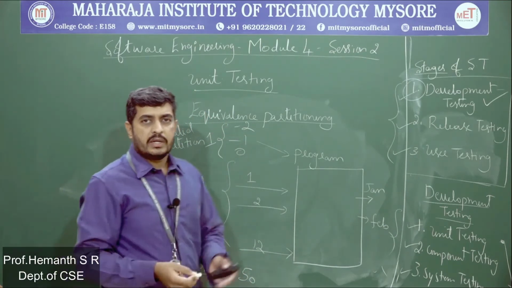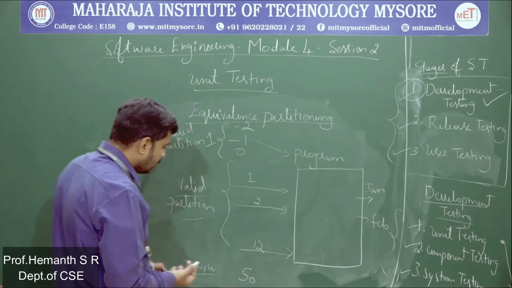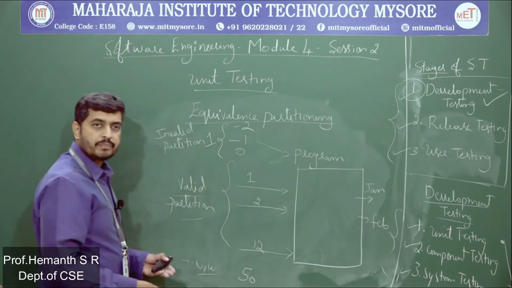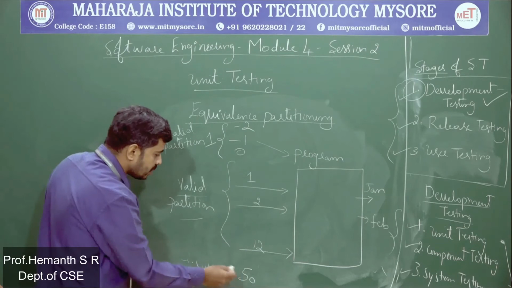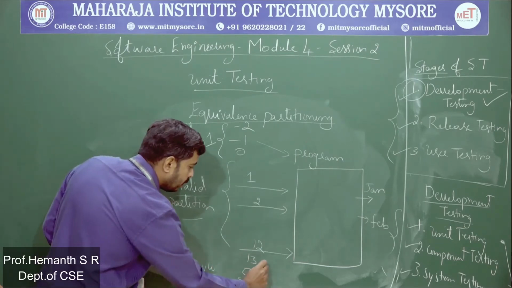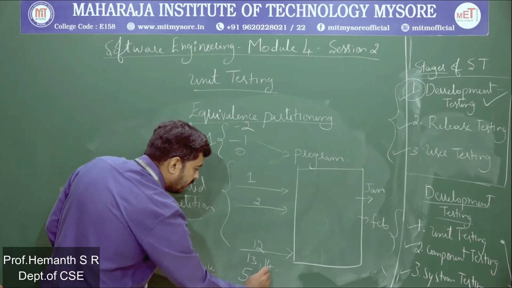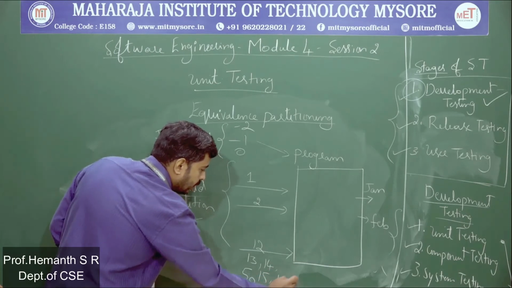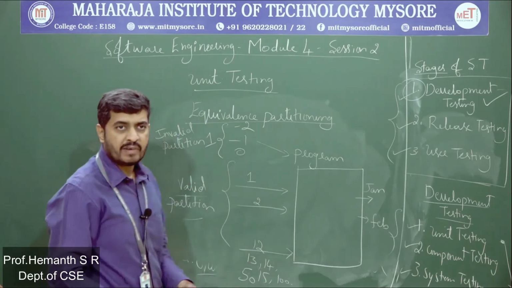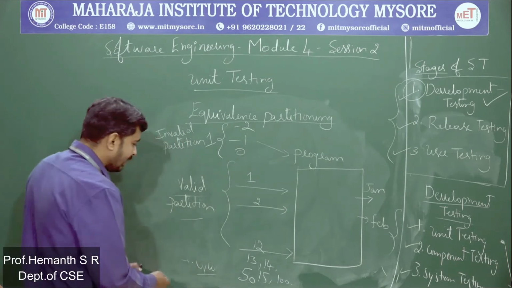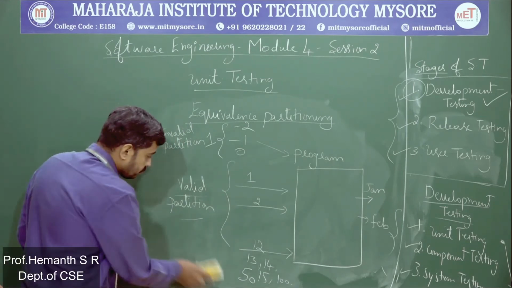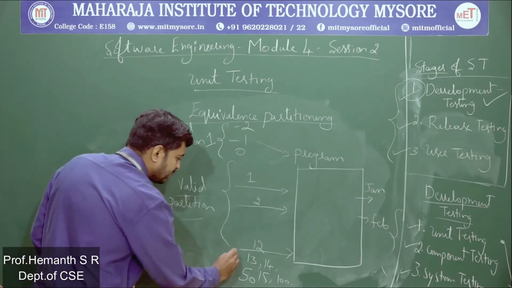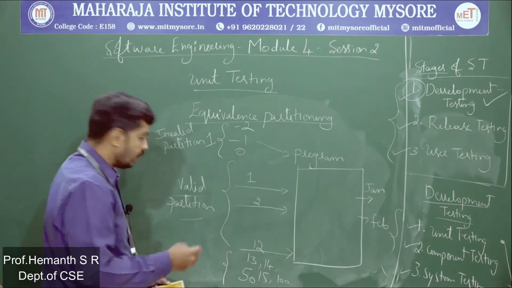Next, one more possibility. The boundary here is 12. The user may go beyond this, meaning he may enter 13, 14, 15, 100, 200, up to any value. I will call it invalid partition 2. Now what is invalid partition 2 in this example?